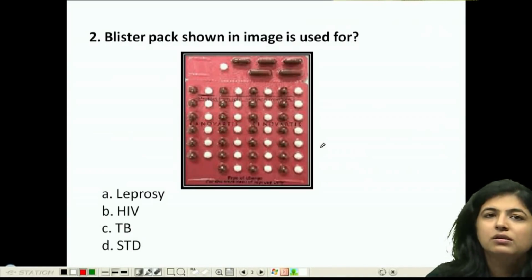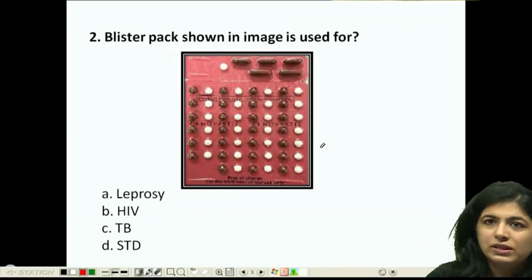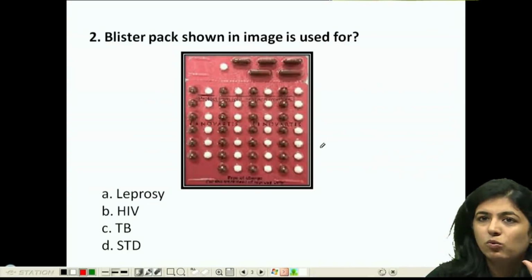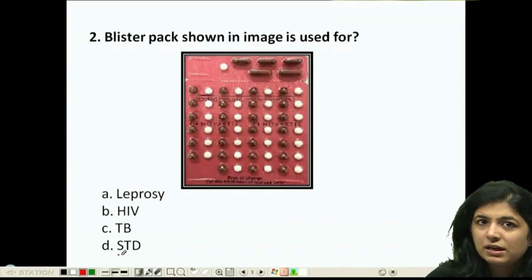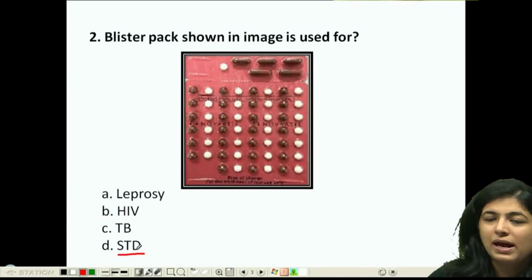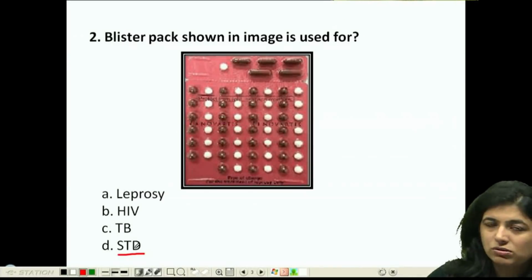In every one of these four illnesses, blister packs are given to the patient, right? So the question here is asking you to identify this particular blister pack where that is used, right? If a patient with STD comes to me, I will give her the kit. We have the NACO kits: the genital ulcer, the genital discharge, bubo, cervical discharge kit.